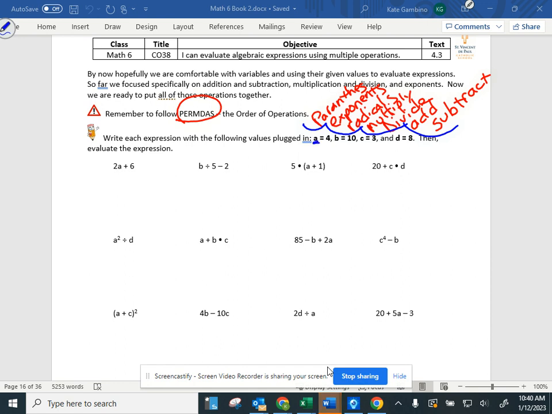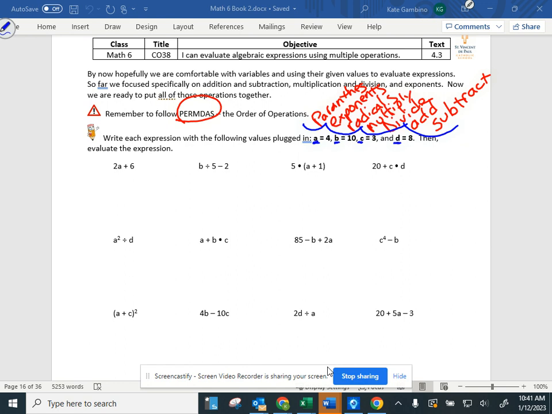When you see an A, you're going to write a 4. When you see a B, you're going to write a 10. When you see a C, you're going to write a 3. And when you see the D, you're going to write an 8. So we're going to rewrite our math expressions, taking out the variables and putting in the correct numbers, because they're telling us what each of those letters stands for.